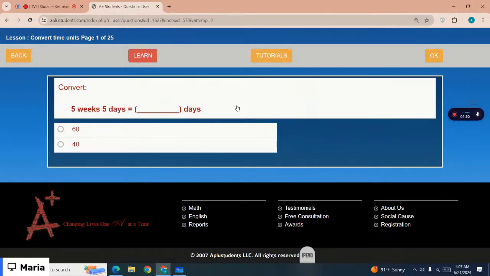So 5 weeks means 5 times 7 is 35, and 35 plus 5 is 40 days. Option number 2 is the correct option. 5 times 7 is 35, and you need to add 5 days. So the total days in 5 weeks, 5 days are 40 days.